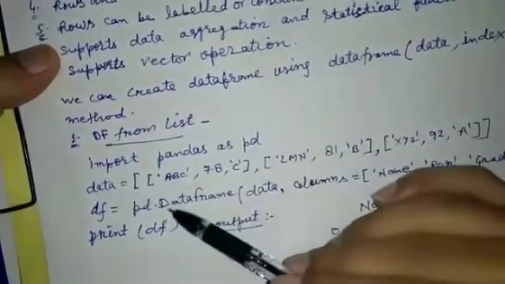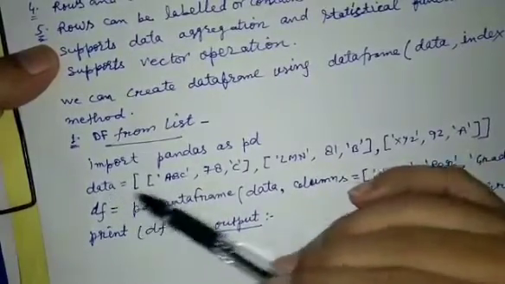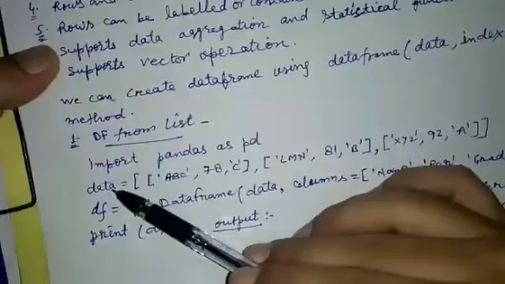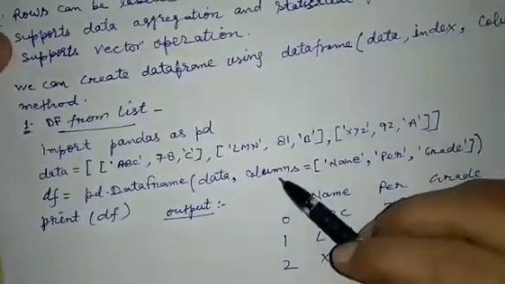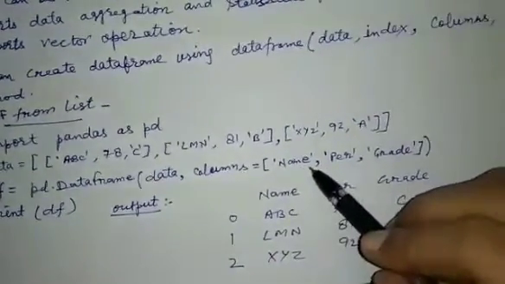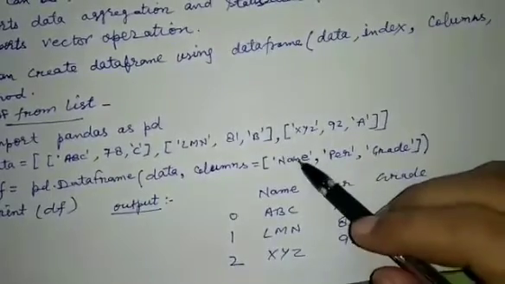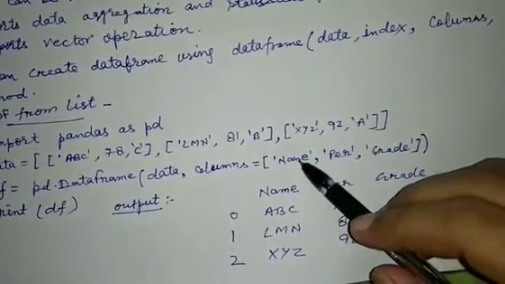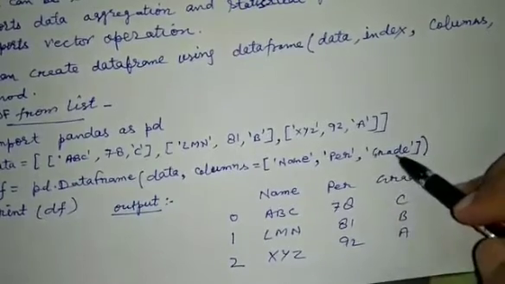The first argument of the DataFrame method is data, as we assigned a multiple list in this data. The second argument is columns, in which we can provide the name, heading or label of the columns. So the first column will be called name, the second PER meaning percentage, and the third is grade.